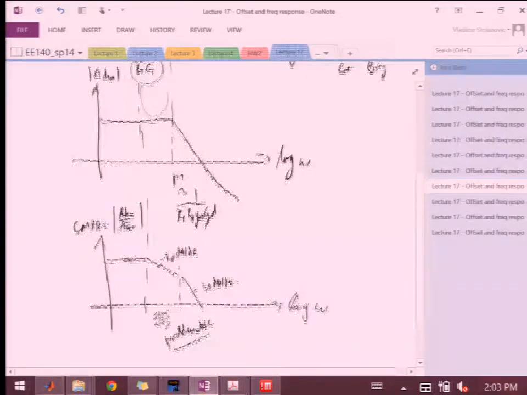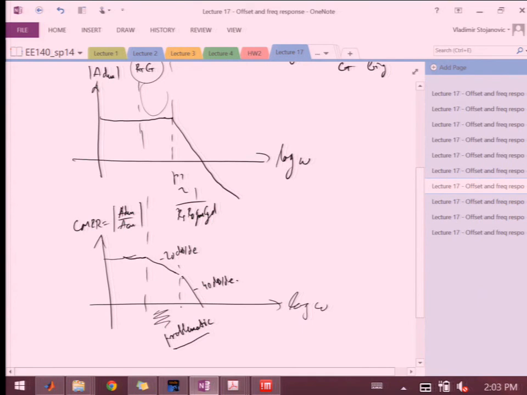Okay. So for next lecture, we're going to look at a more detailed analysis for the same stage. Essentially, it's a common source, and see how this CC or CGD cap has a bigger role than just the parasitic cap. We'll see how without it, you have the 2 poles that are close to each other, which is the input and the output pole.